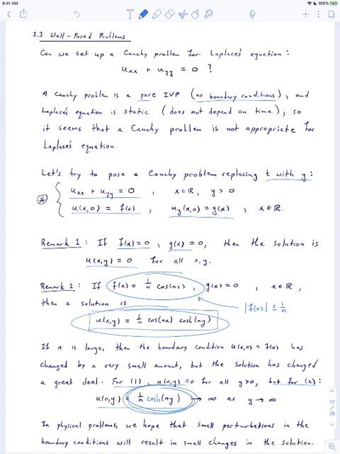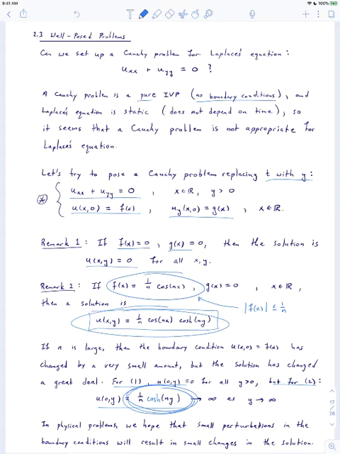So this is problematic because in physical problems, we want small perturbations in the boundary conditions to result in at most small changes in the solution. Because after all, if you're just measuring something without perfect accuracy, you want an approximation to be sufficient to come up with a reasonable solution.